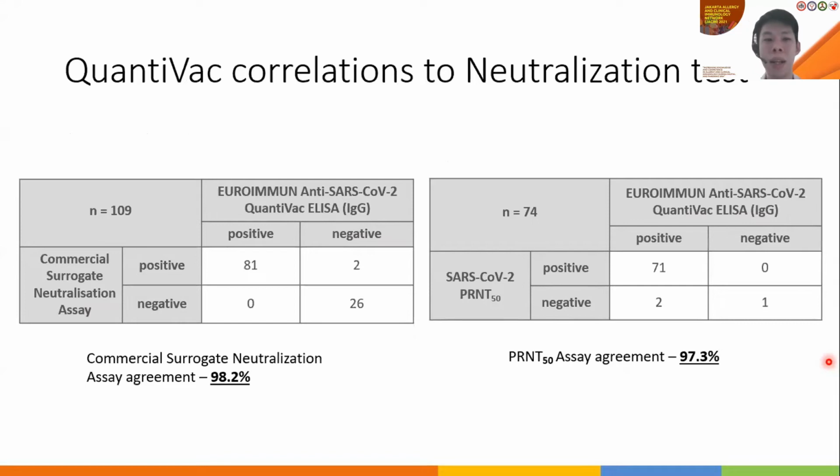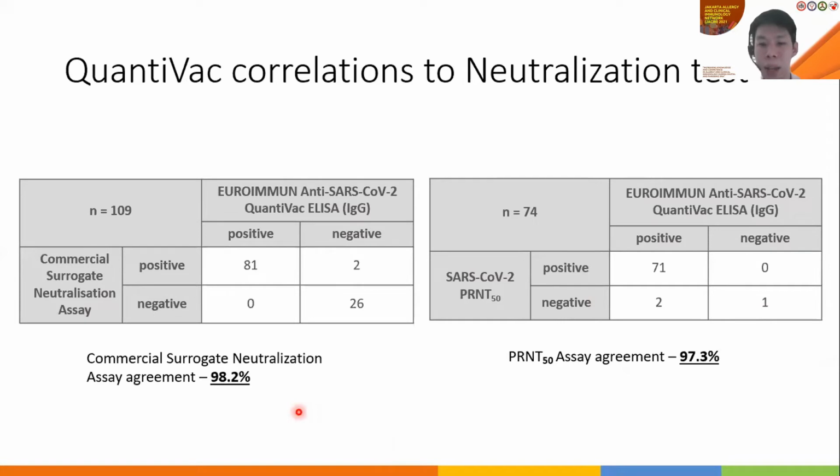Some other assays we have done to correlate our QuantiVac ELISA include correlating it to other neutralization assays. Using a commercial surrogate neutralization assay, we have seen a high agreement value of about 98.2%.